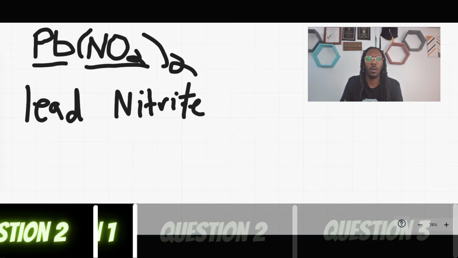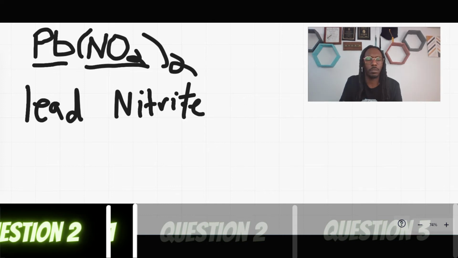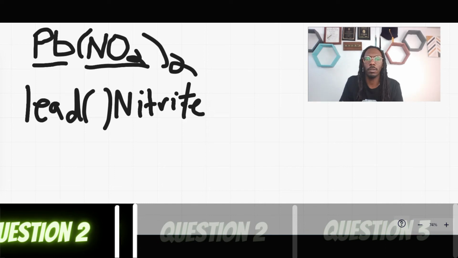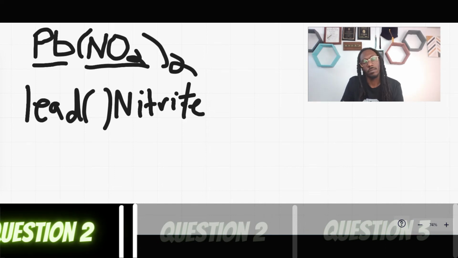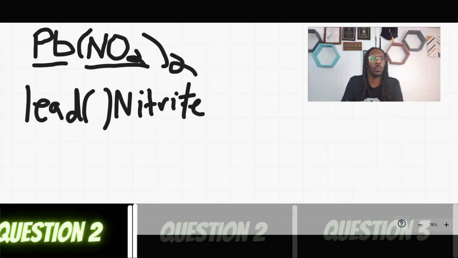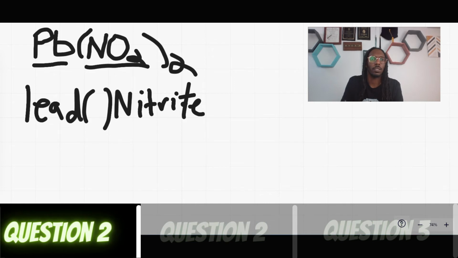So what do we have to do here now? Remember, this is a transition metal. So you got a transition metal, you got to have that Roman numeral. We have to figure out what this charge is, what the oxidation state is.